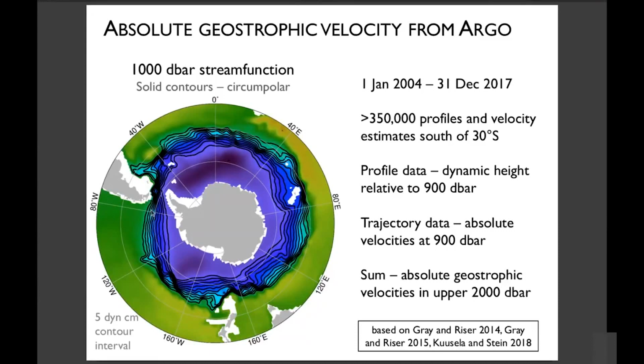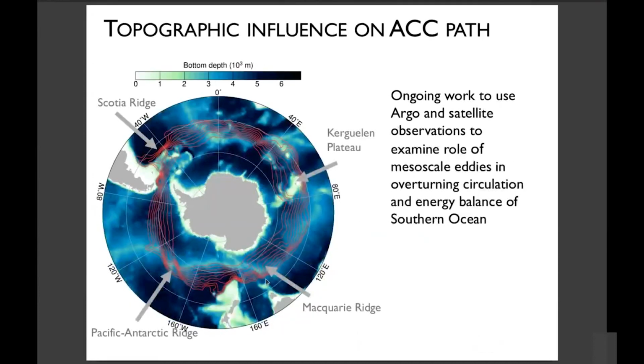The circulation actually has a lot of variability depending on where you are, and these regions where you get very strong flow and meanders in the ACC are intimately tied to the influence of topography, like I mentioned before.